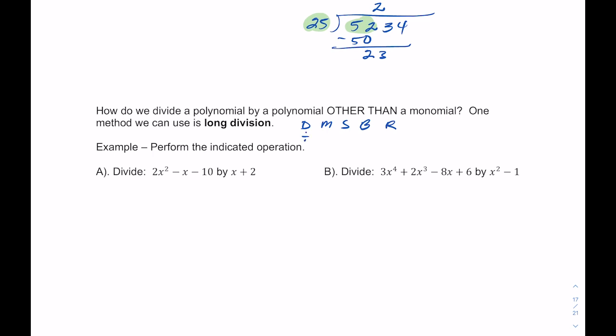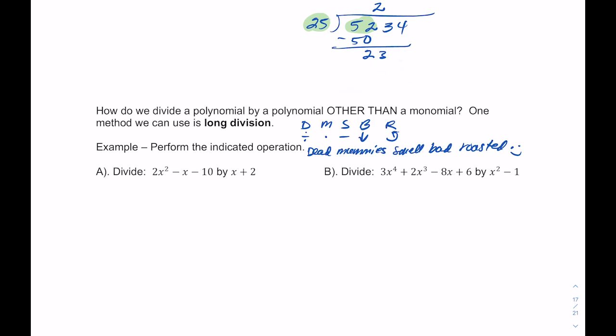So I divide, multiply, subtract, bring down, repeat. An easy way to remember that is with this phrase, dead mummies smell bad roasted. So you have DMSBR. Divide, multiply, subtract, bring down, repeat.